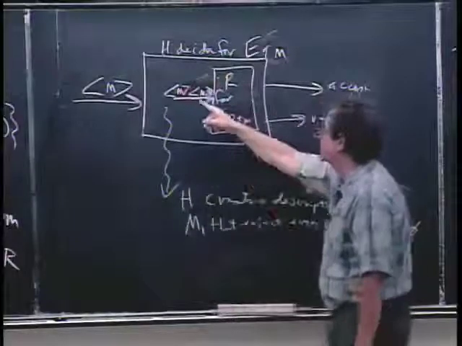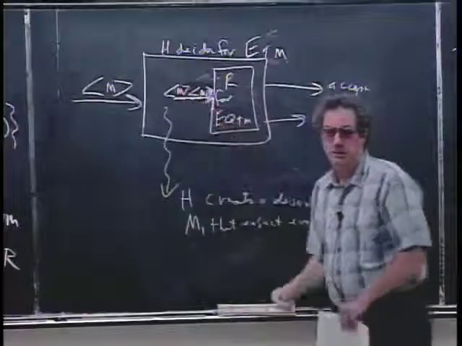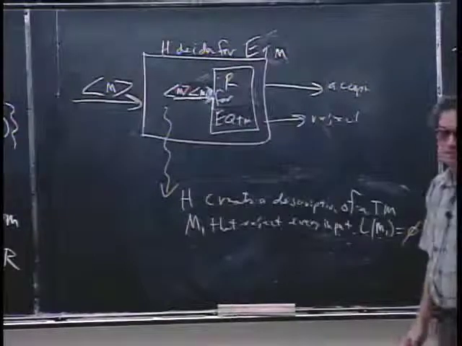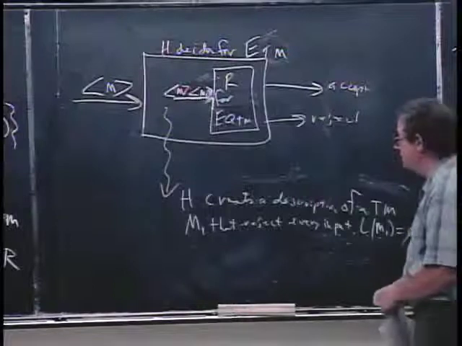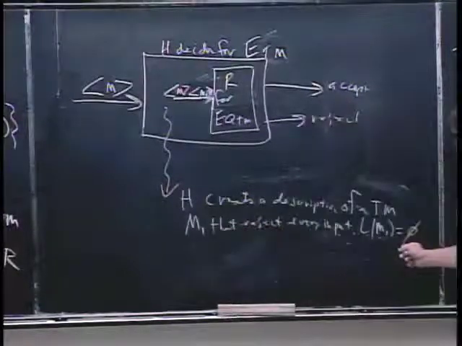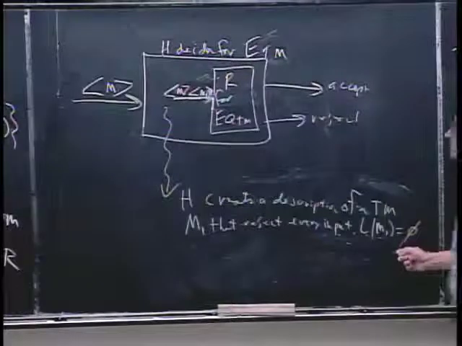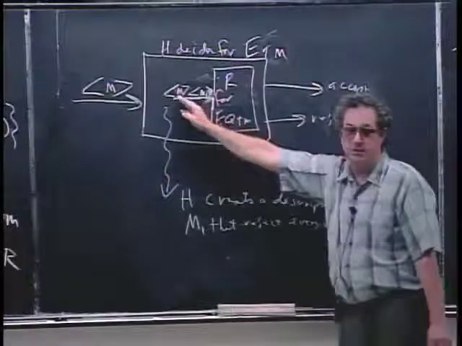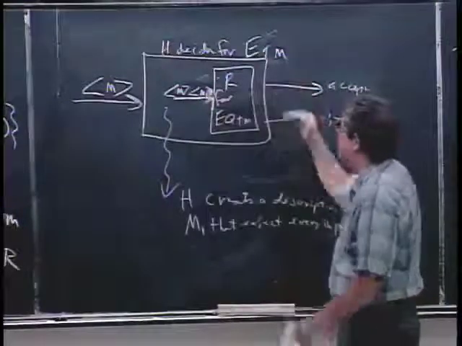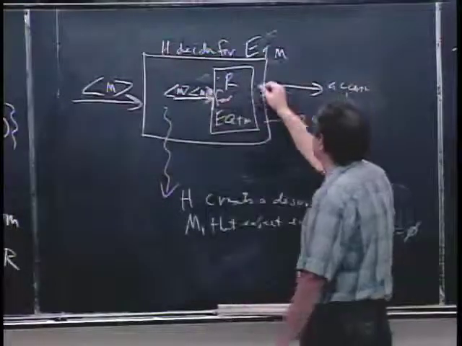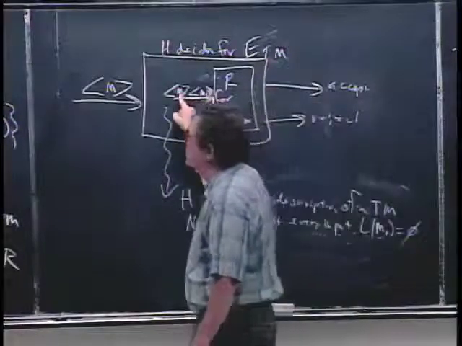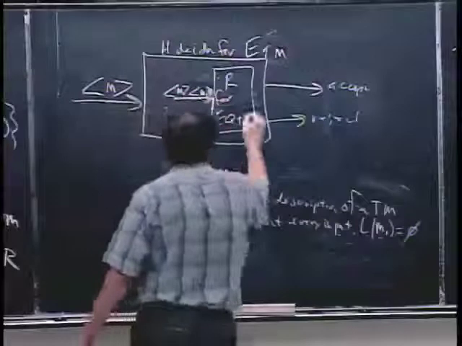Now R takes a look at these two languages and decides yes or no, they're equivalent. Well, because the language of M1 is the empty language, the only way they're equivalent is if M is also the empty language. So when R accepts, meaning these are the same, then that means that M is the empty language, which means that should be an accept.